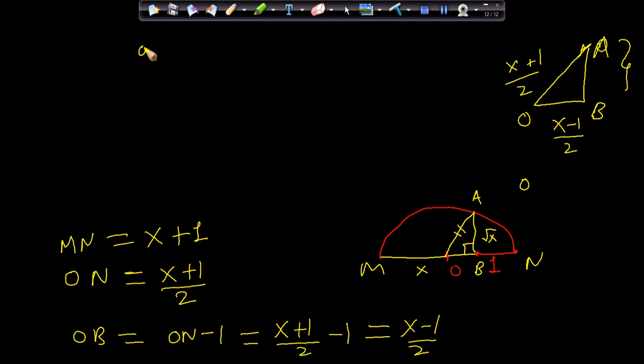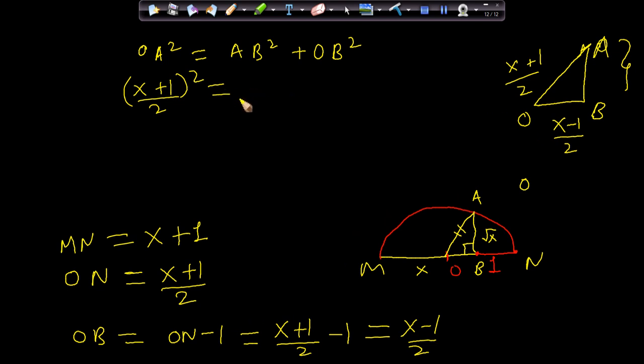What is OA? This is the radius, so this is (x plus 1) by 2, whole square.